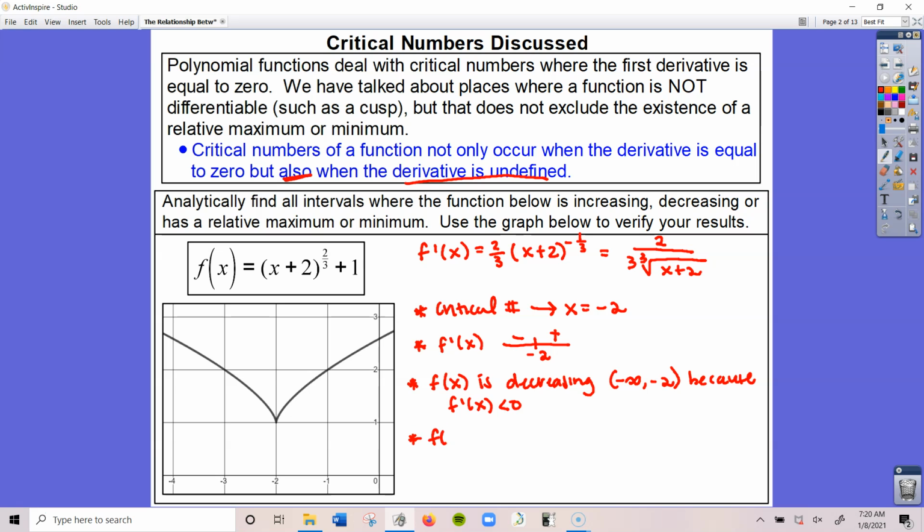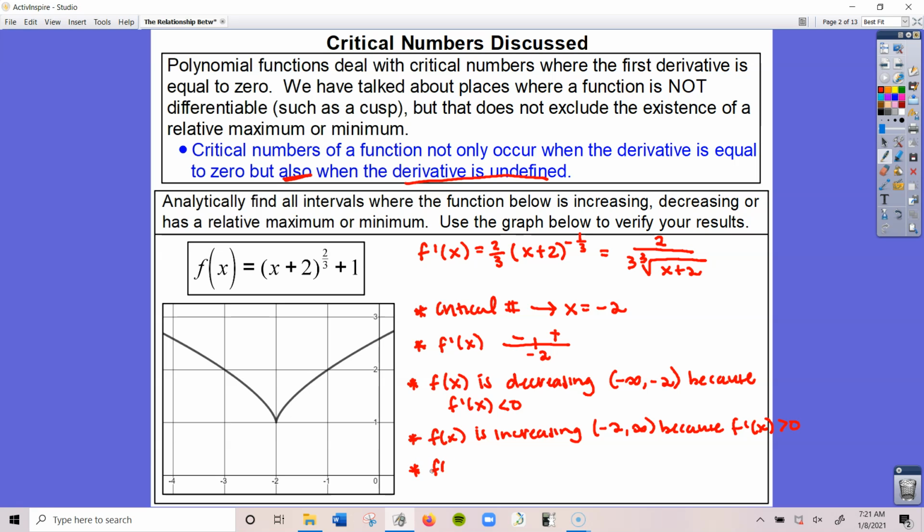Then we would also say that f of x is increasing on the interval negative 2 to infinity because f prime of x is greater than 0. Now, as you can see, in order to determine maximums or minimums, the only kind of extrema we have here is a minimum.